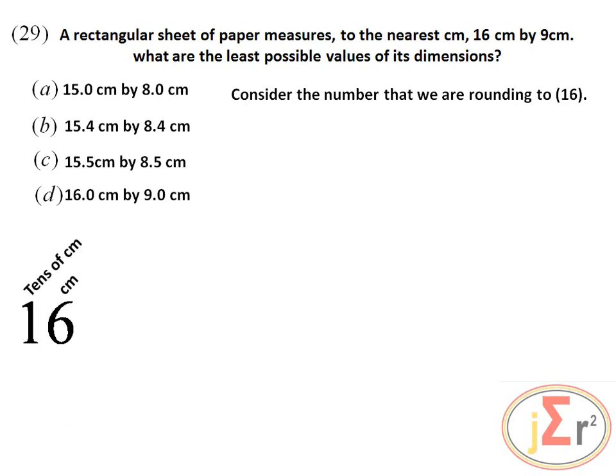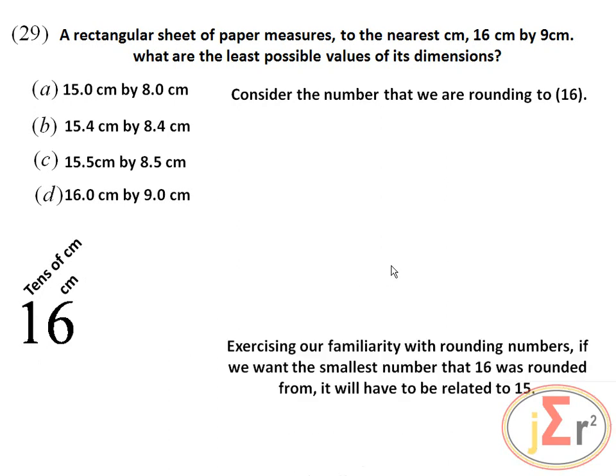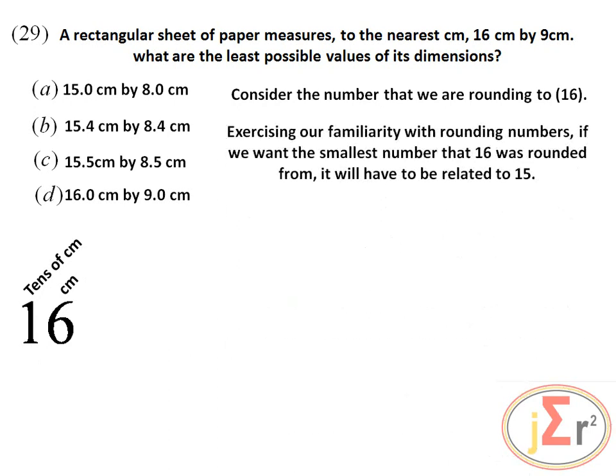So we are going to be taking a look at 16. 16 centimeters, we have the centimeter place value and we have the tens of centimeter place value. Exercising our familiarity with rounding numbers, if we want the smallest number that 16 was rounded from, it would have to be related to 15.